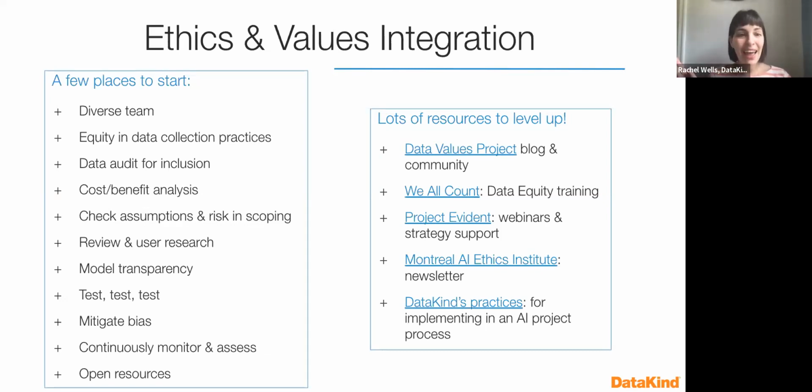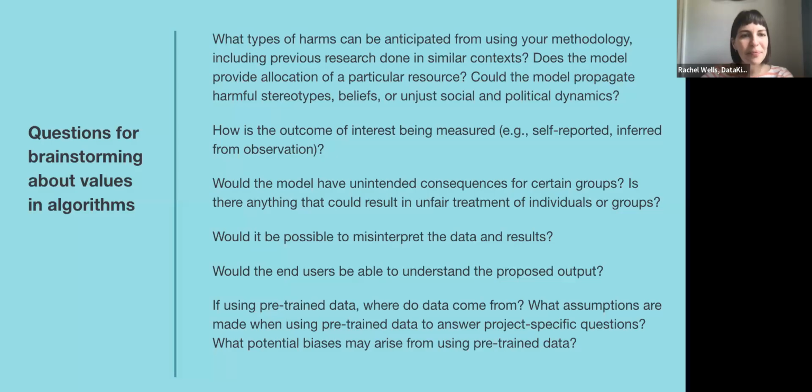And Montreal's AI Ethics Institute is my favorite newsletter for AI ethics literacy that really includes this accessible, deep content for the latest on AI ethics. And you can also learn about DataKind's practices. So we implement a lot of different processes and practices for including ethics in our AI project design. And so feel free to review that as well at a high level on our blog.